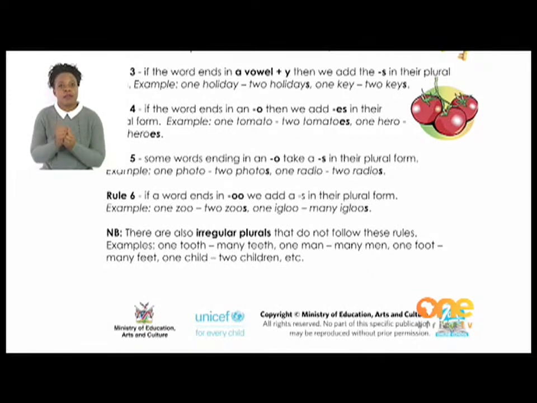If there are many, we don't add S or ES. They become teeth. One foot, many feet. These are irregular nouns.